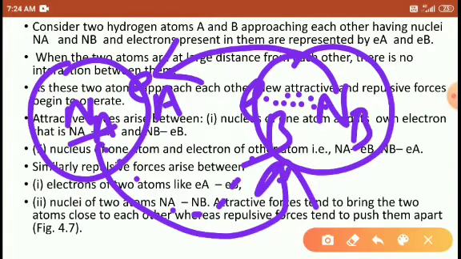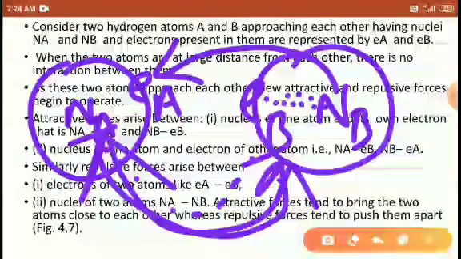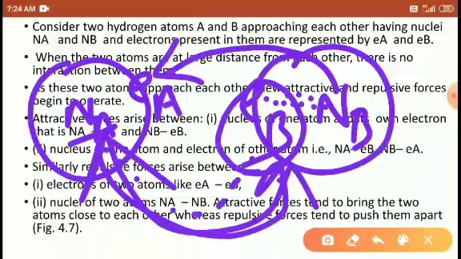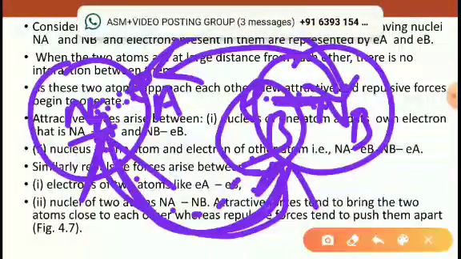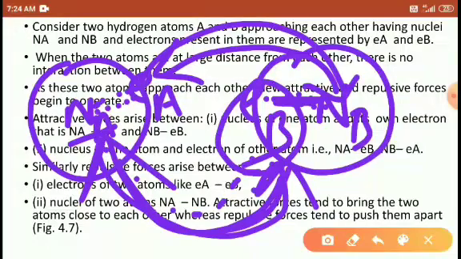Both electrons Ea and Eb get attraction from both nuclei, so they satisfy the nuclear interactions.